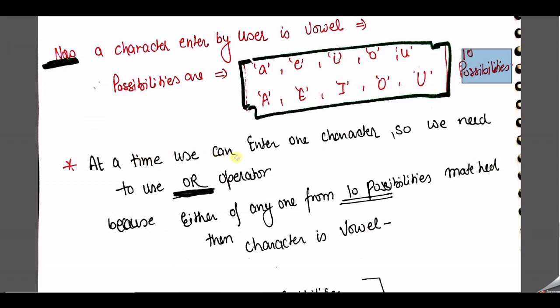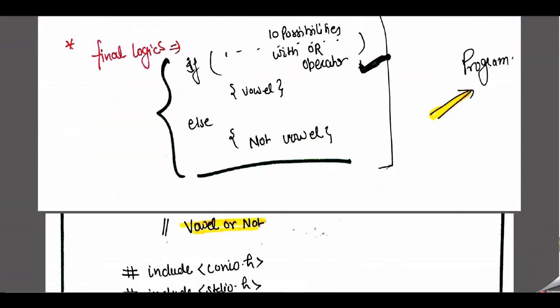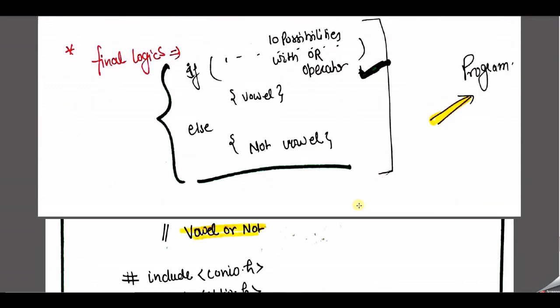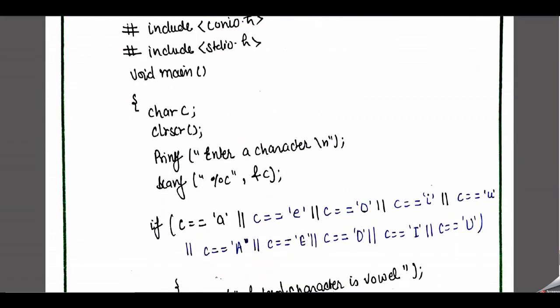At the same time, we can enter one character, so we need to use the OR operator here, because for anyone of the 10 possibilities matched, the character is a vowel. So what exactly happened here? We just found the logic that if any of our 10 sets match with the help of the OR operator, then vowel, else not vowel. So how can we apply the OR operator in our question?